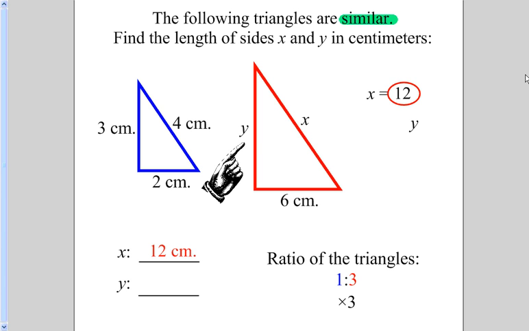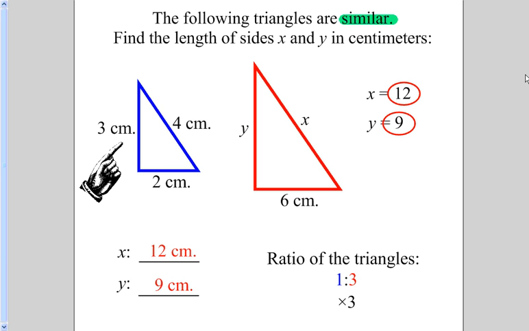We can find y by taking the height of the small triangle, 3, and multiplying times 3, and that gives us 9. 3 times 3 is 9. So the height of the red triangle, the large triangle, is 9. So that's the answer for this particular question, which is x is 12 and y is 9.